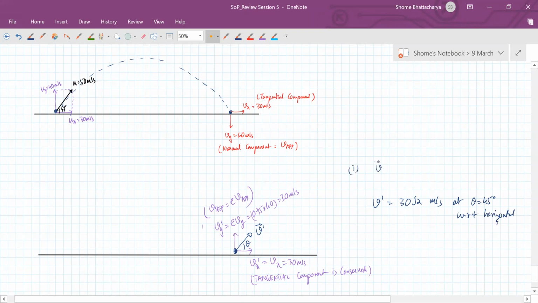The velocity just after impact at the point A. You can express this as a vector also.